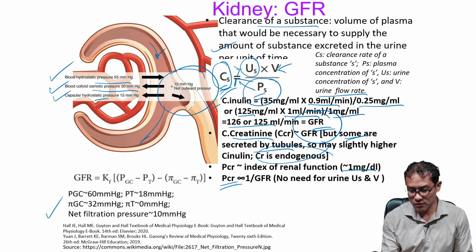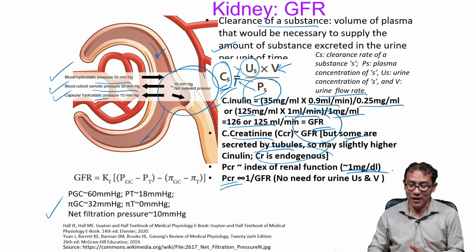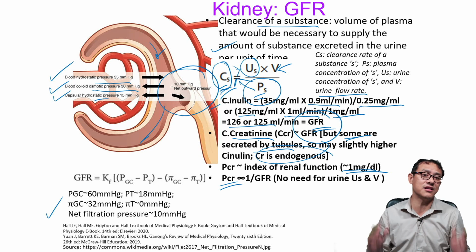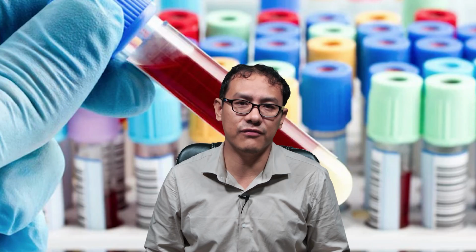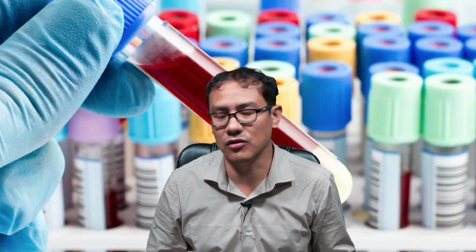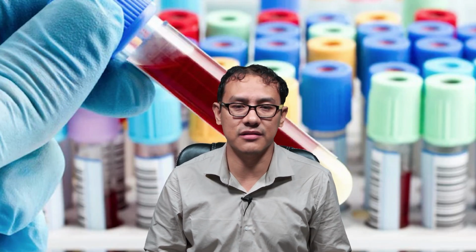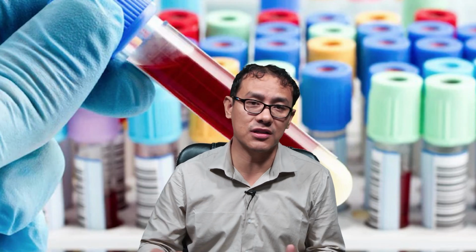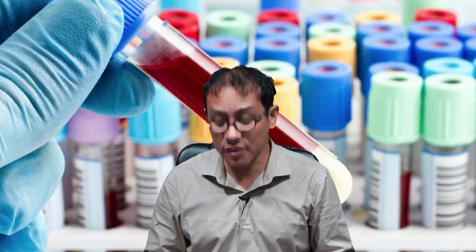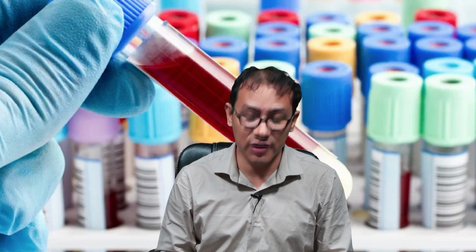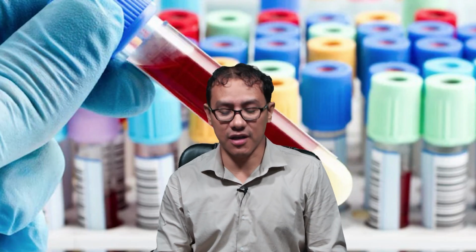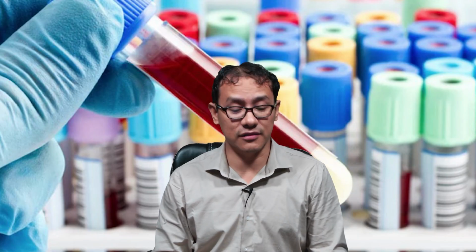It is normally approximately 1 milligram per deciliter. If it increases beyond that, and every other system is normal, then renal function may be impaired, because clearance of creatinine is reduced and the plasma concentration will increase. This is the way we can understand this concept.